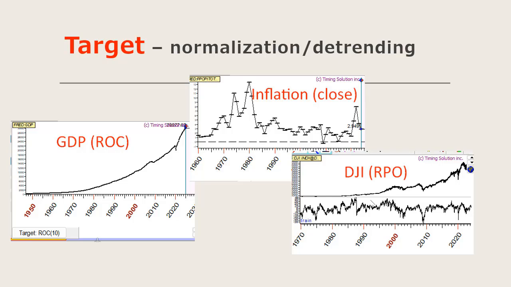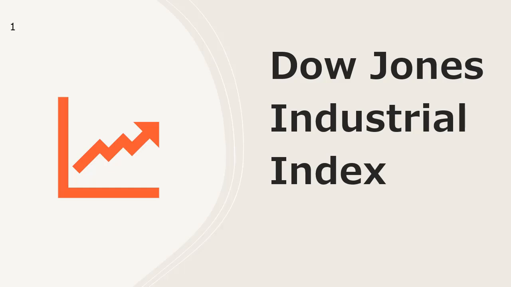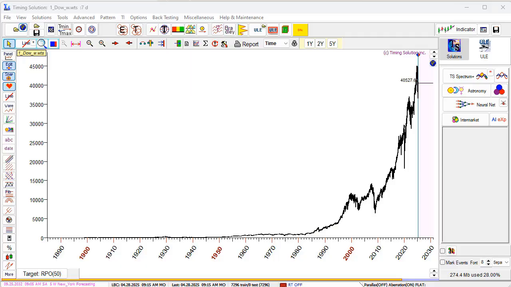So now let's conduct a cyclical analysis for some economical data sets using our AI expert. Let's start with the Dow Jones Industrial Index. I will download this index into Timing Solution, just a sec. Okay, here it is, Dow Jones from 1885.